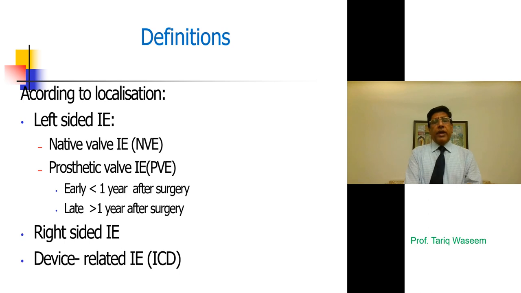It can involve the right side chambers of the heart, and then it is usually labeled as infective endocarditis of the right side. And sometimes it may be related to devices. Nowadays, many a patient does have insertion of pacemakers, implantable cardiac defibrillators, and these may also provide a nidus for formation of infective endocarditis, and this is again one entity which we should be knowing.